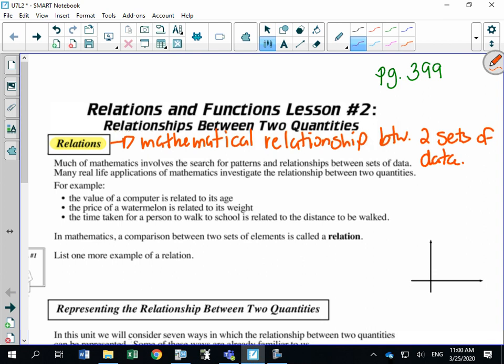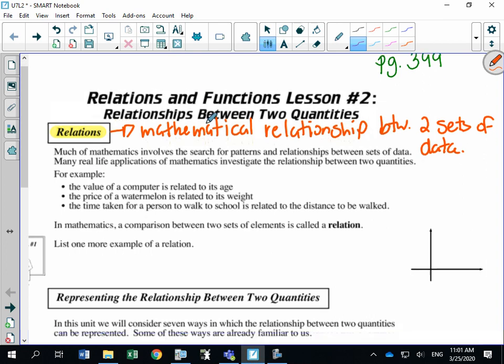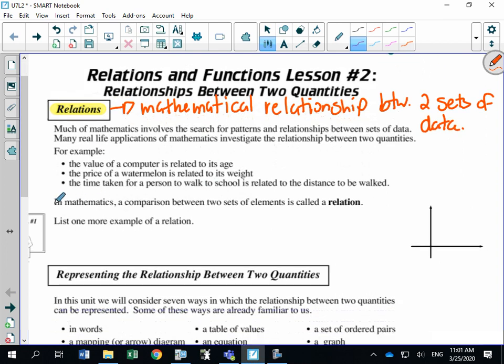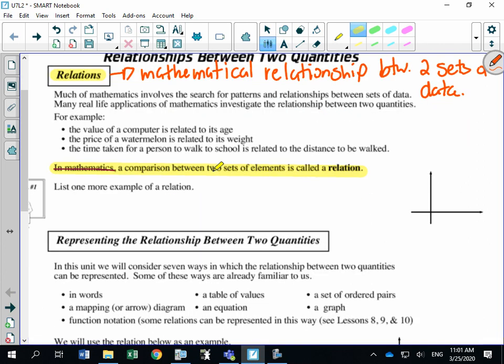Okay, so a relation is a mathematical relationship between two sets of data. In mathematics, a comparison between two sets of elements or two sets of data is called a relation.